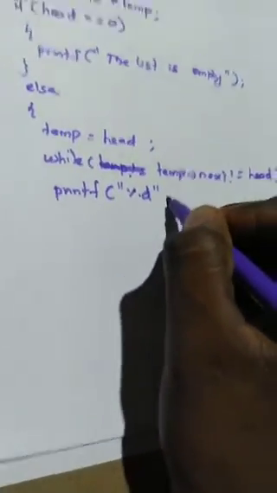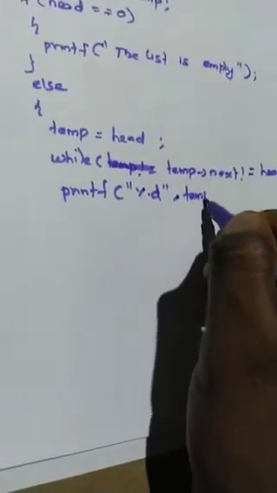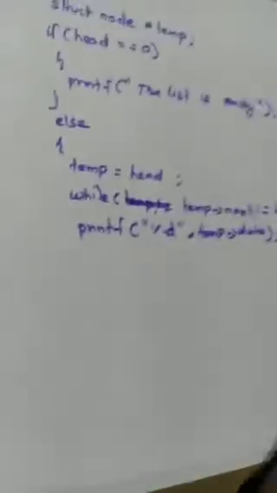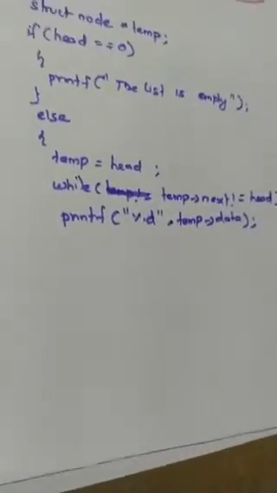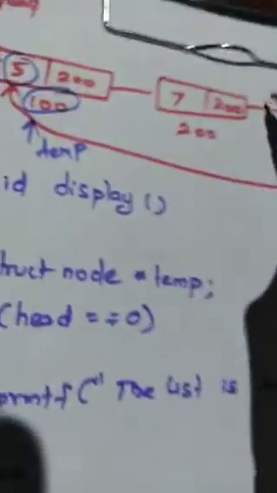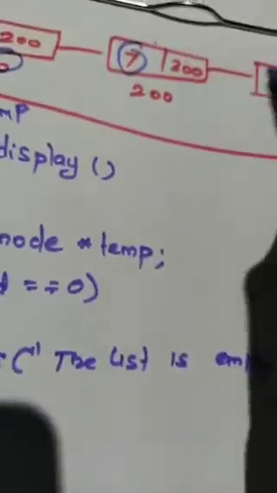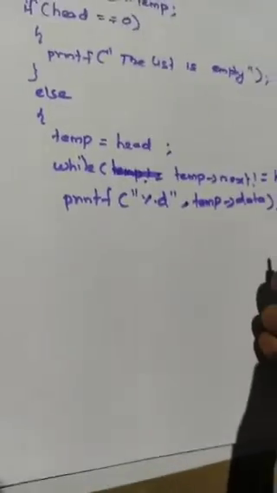I can go printf %d temp data. So these are the data. After printing one by one, the temp pointer will move to all the elements, then it will print everything.